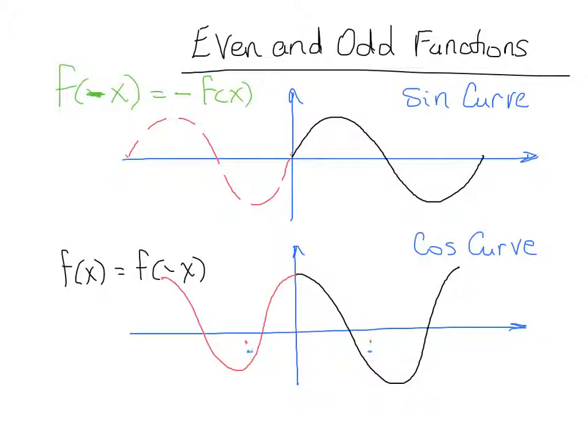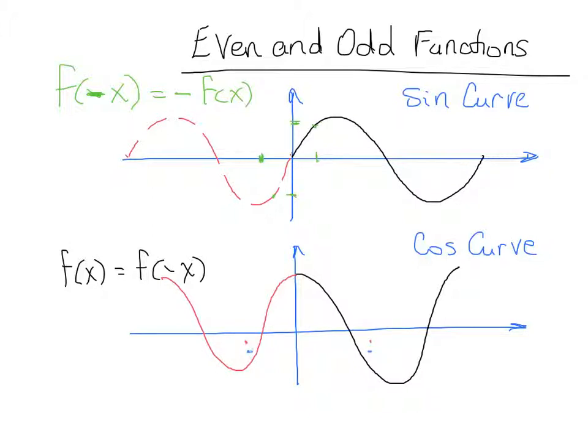So let me explain what that means according to the graph. Let's say, for example, our x value is right here. So the y that goes with it would be up here. So on the other side of the graph, mirroring over on this side, our negative x value would be matching with an opposite y value. So the quantity is still the same.